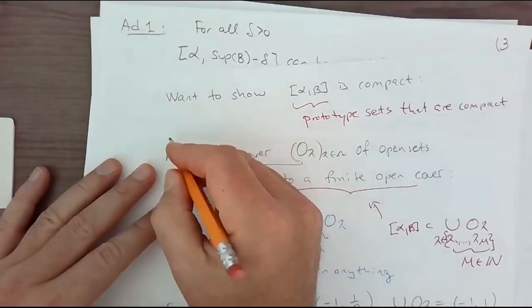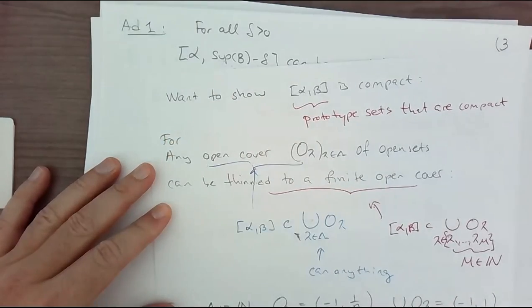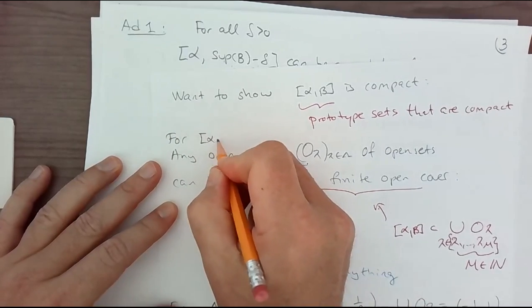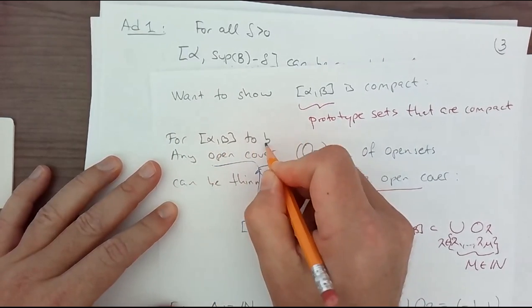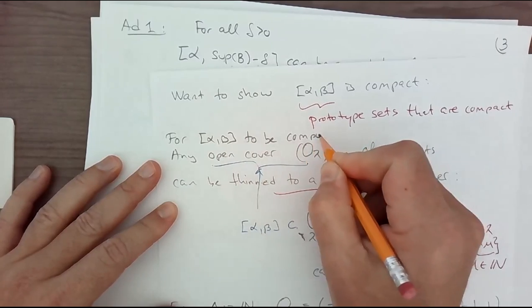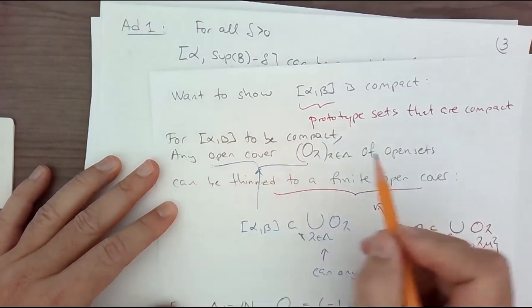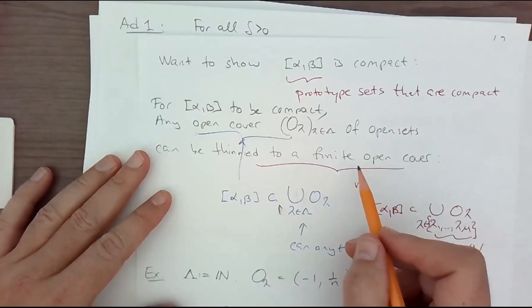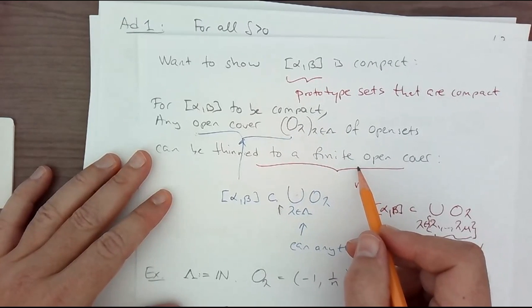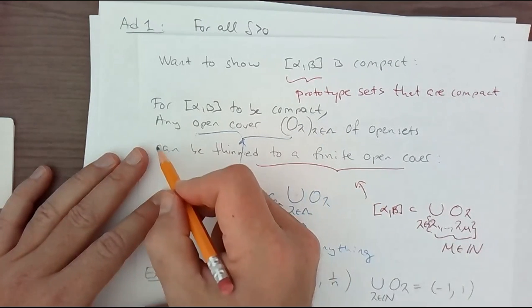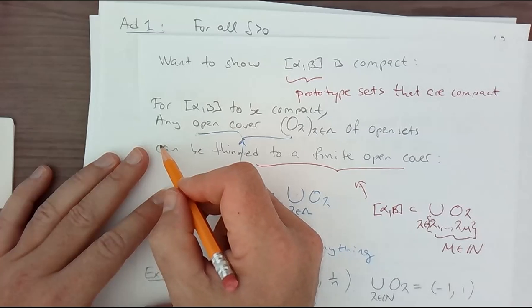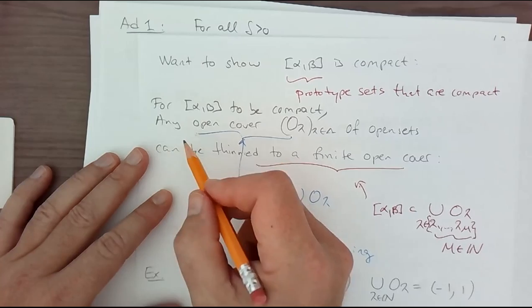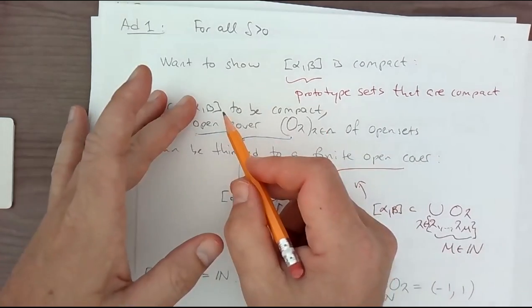Right? So for this thing to be compact, any open cover of open sets can be thinned to a finite cover. So we need to show this. We need to show that any given open cover of this interval can be thinned.